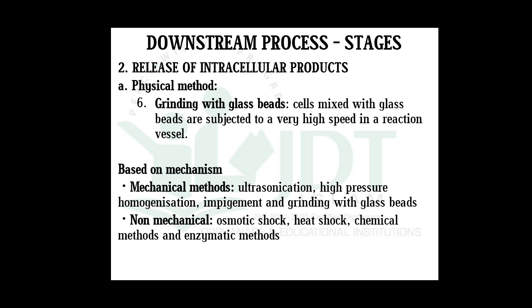And the last physical method is grinding with glass beads. The cells are mixed with glass beads and subjected to very high speed in a reaction vessel. This physical method can again be classified into mechanical and non-mechanical methods based on the mechanism used for disruption of the cell. Mechanical methods are ultrasonication, high pressure homogenization, embigment, and grinding with glass beads, and non-mechanical methods like osmotic shock, heat shock, chemical methods and enzymatic methods are examples of non-mechanical methods.